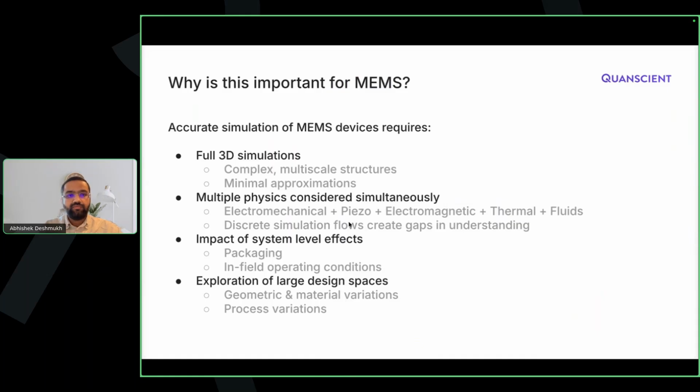This is what we offer as a multiphysics platform, and it enables us to gauge the impact of system level effects. With the compute infrastructure and the ability to scale the simulations, both in size and number, you can explore large design spaces. So it's quite important to have this kind of capability if you want to go close to actual design and model the behavior of the device in simulation.